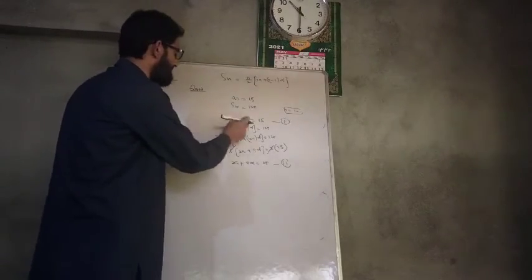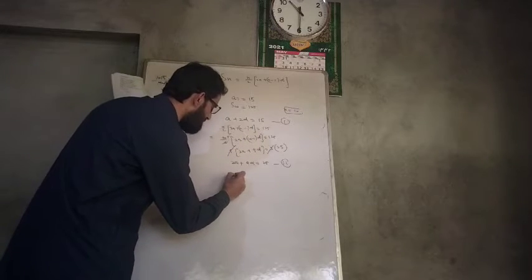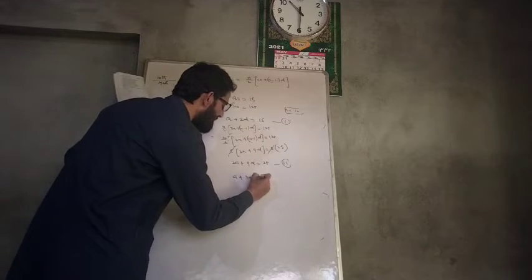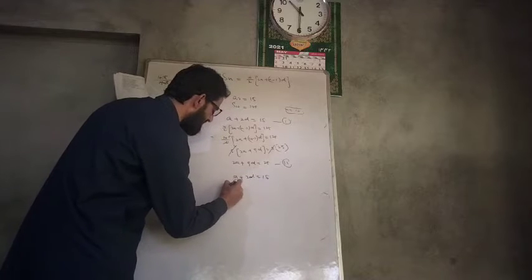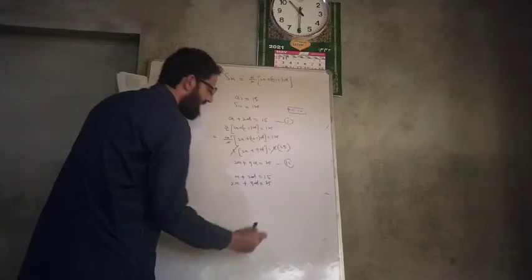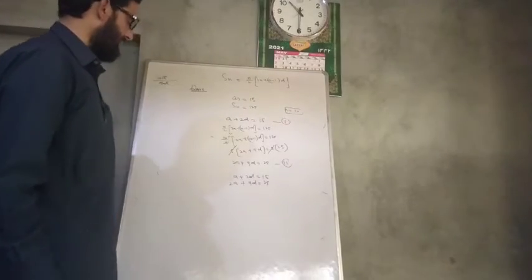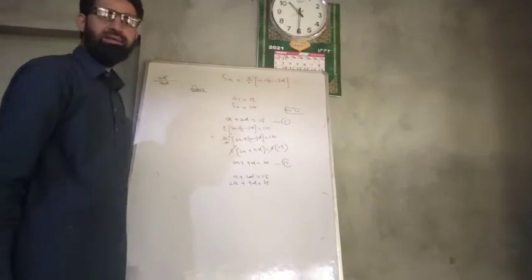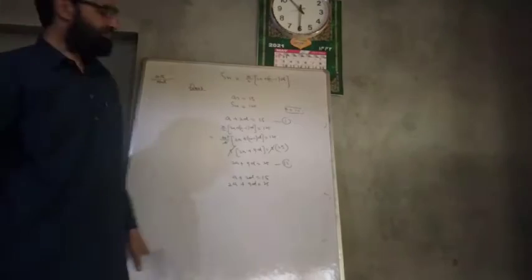Now we have got a pair of linear equations: a plus 2d is equal to 15, and the second equation is 2a plus 9d is equal to 25. Now solving these two linear equations in two variables by the elimination method.